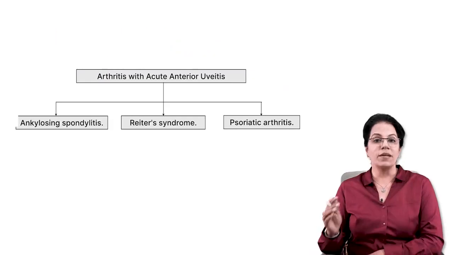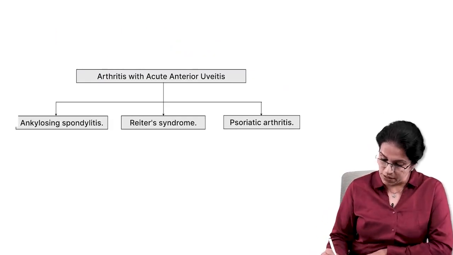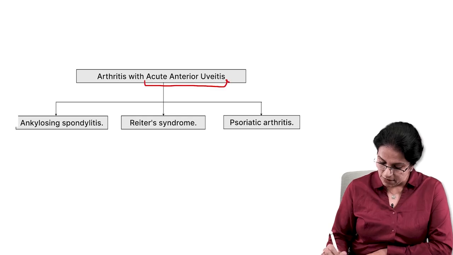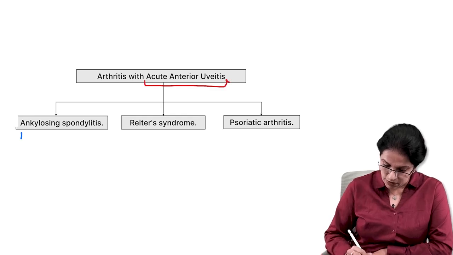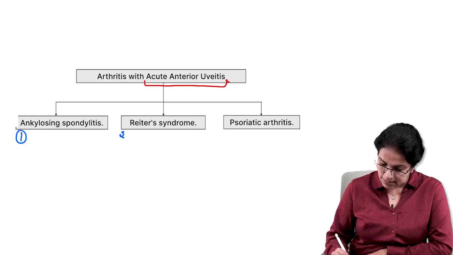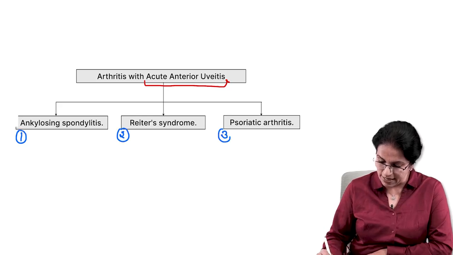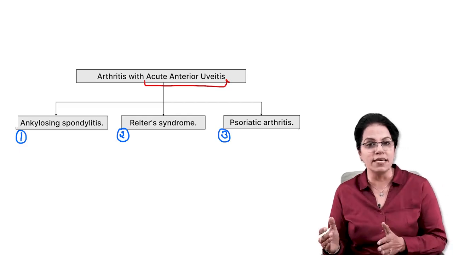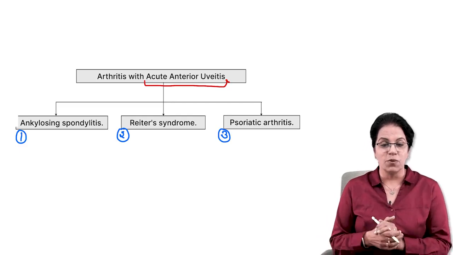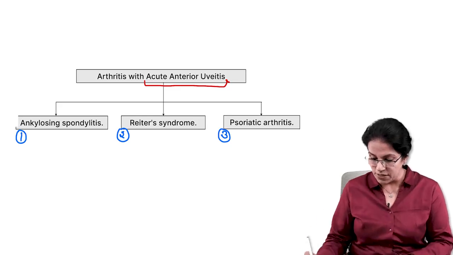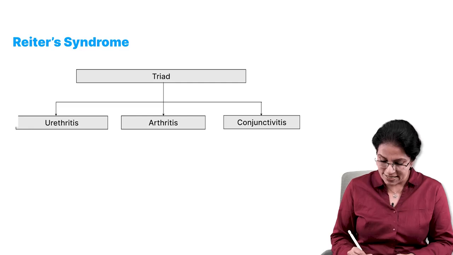Okay, what are the other arthritis which are associated with acute anterior uveitis? We will be talking about, number one, ankylosing spondylitis, Reiter syndrome and psoriatic arthritis. You all know psoriasis is a skin disease with scaly lesions. Now, when you say Reiter, what is the triad of Reiter we know? Urethritis, arthritis and conjunctivitis.